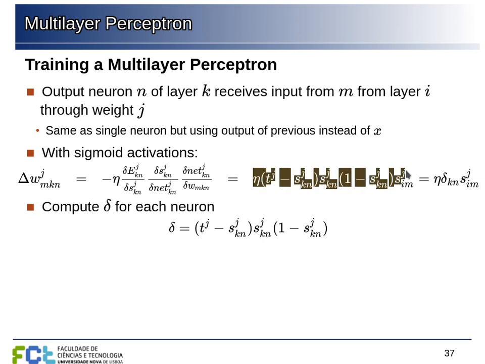So we have this value here, and we now multiply this by the inputs into the neuron.